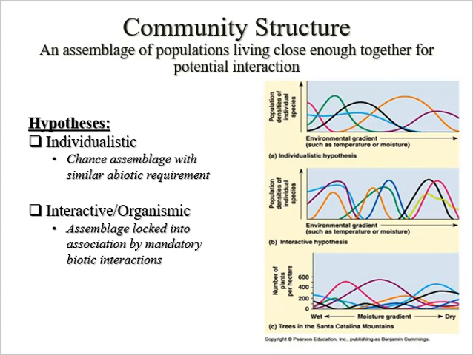So essentially, these organisms formed a community because they were locked into the confines of an association because of the requirements they needed to uphold for their fitness and survival, but also the requirements of that habitat itself.